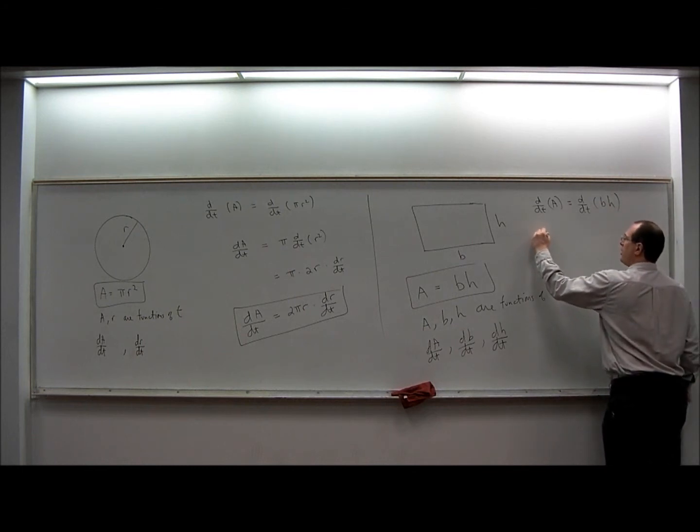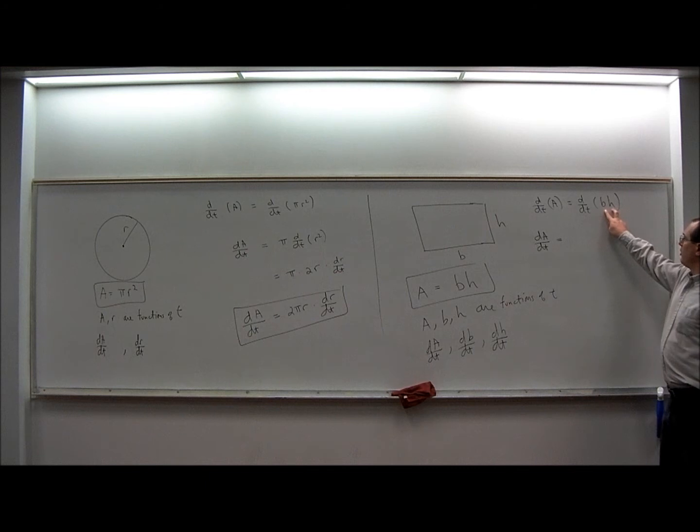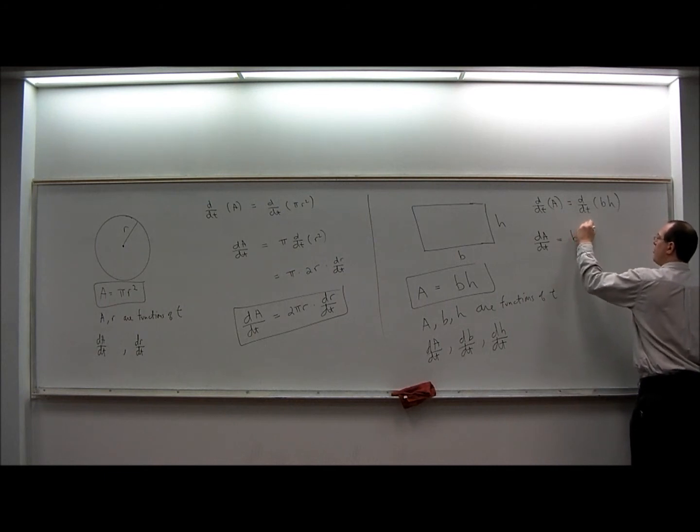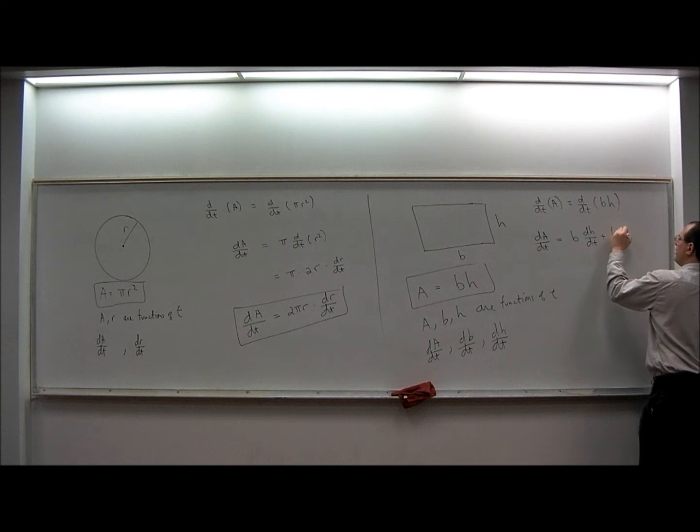So this is dA/dt is equal to, now on the right side, in order to compute this derivative, we need to use the product rule, because these are two functions of time, and we're taking the derivative with respect to time. So it's the first times the derivative of the second plus the second times the derivative of the first.